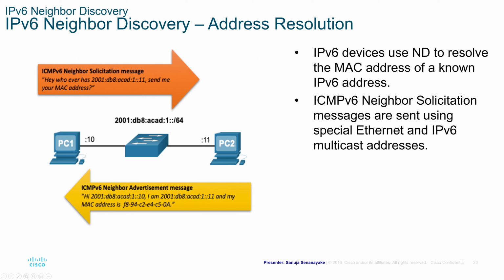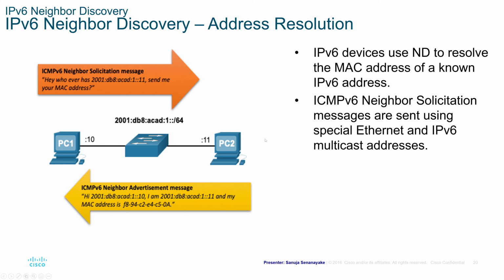IPv6 neighbor discovery address resolution. IPv6 devices use neighbor discovery to resolve the MAC address of a known IPv6 address. ICMP version 6 neighbor solicitation messages are sent using special Ethernet and IPv6 multicast addresses.